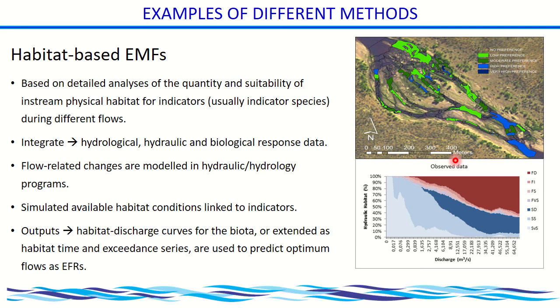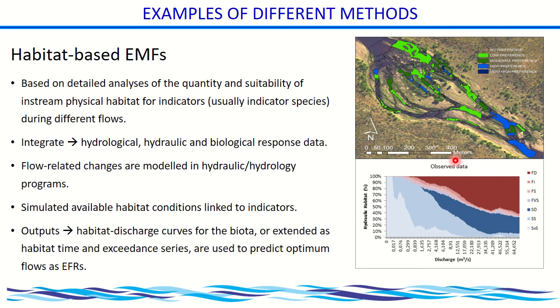Now, a very similar type of environmental flow assessment method is called habitat-based environmental flow assessment methods. The hydraulic rating method only takes hydrology and relates that to the hydrological biotopes, the habitat types that are in your channel based on the different flows.